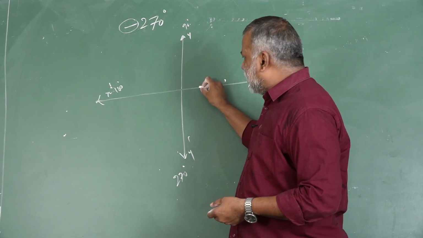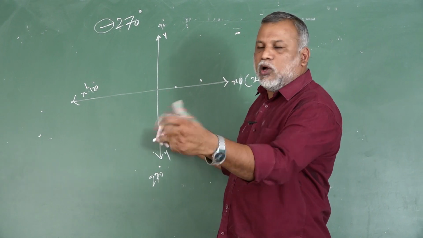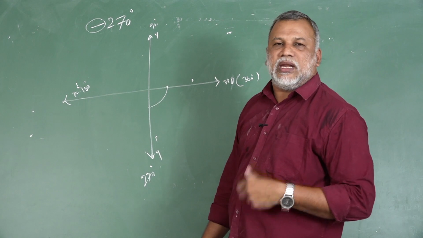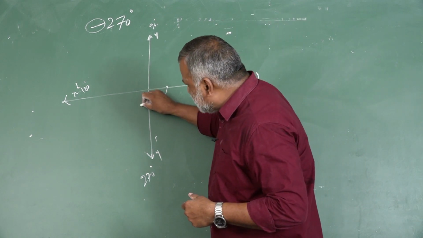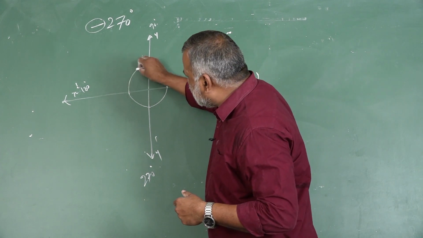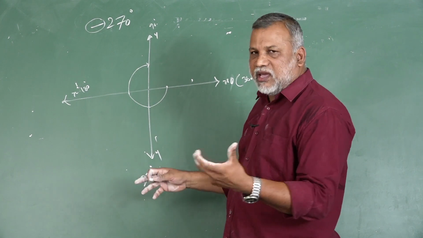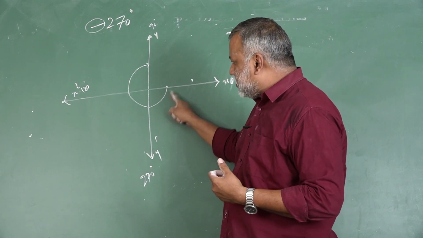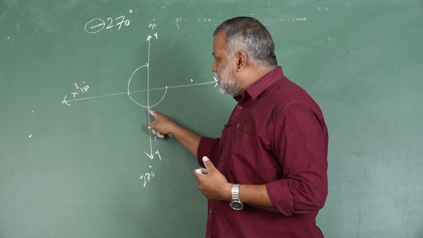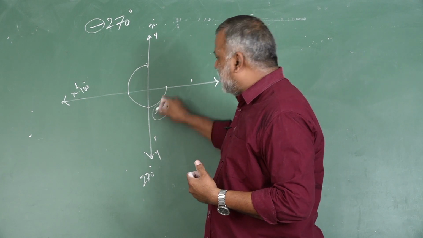From this starting place, we have to move our direction clockwise. From this point, it completes 90 degree, then 180 degree, then 270. Each quadrant has 90. This is the starting place. This direction shows negative 270 degree.